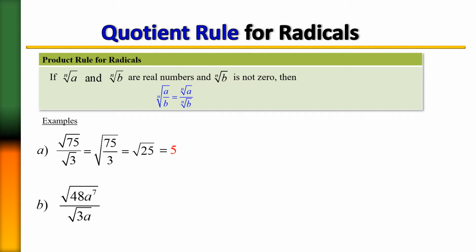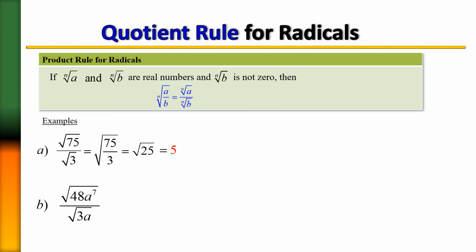I'm just showing you that, especially when you do your homework in MyMathLab, you may see some problems where the numerator and the denominator each have the radical symbol over them by themselves, or you may see that they place the whole thing as a fraction under the radical symbol. Either way is fine.